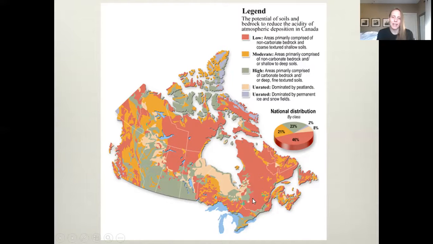If you look at, say, Quebec and central Ontario, as well as most of the Atlantic provinces, there's very little limestone and stuff like that. It is much more granite.